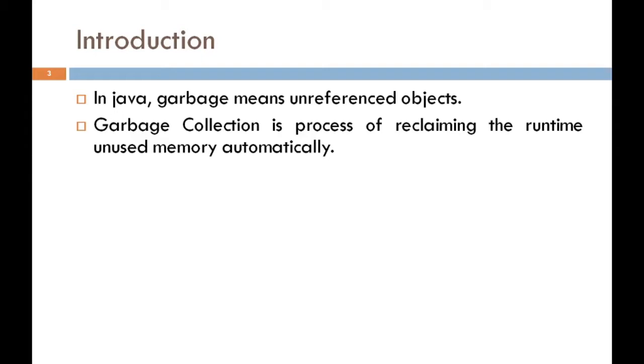When the JVM starts, it creates a heap area which is also known as the runtime data area. This is where all the objects, the instances of classes, are stored. Since this area is limited, it is required to manage this area efficiently by removing the objects that are no longer in use.